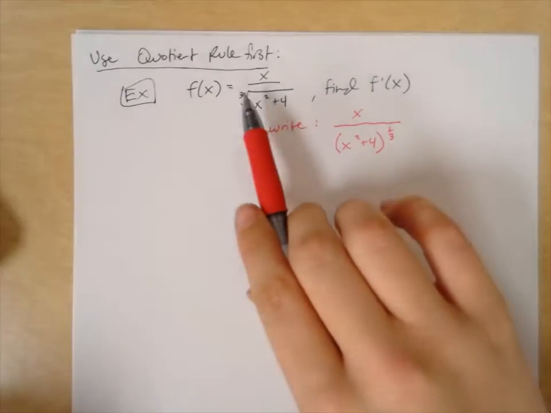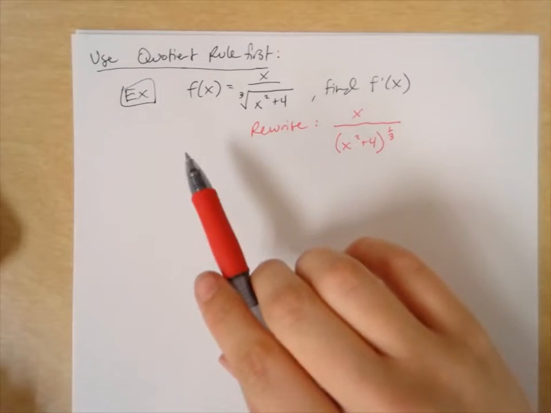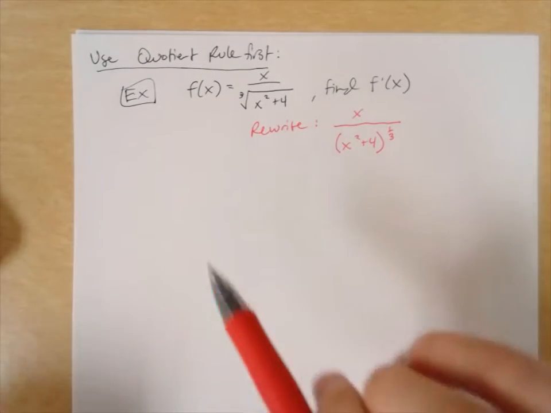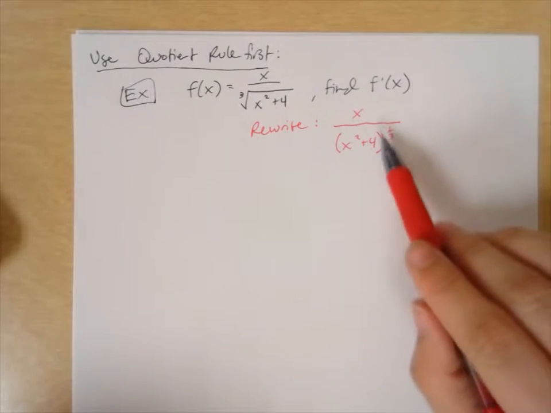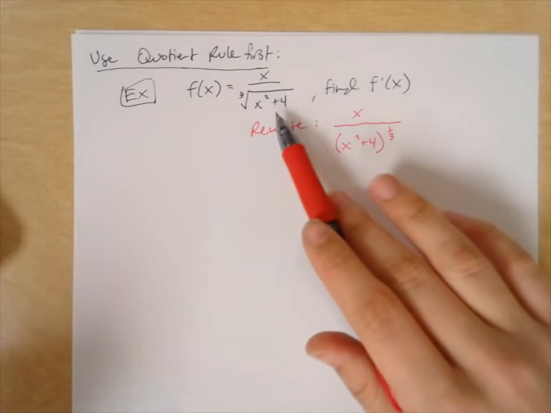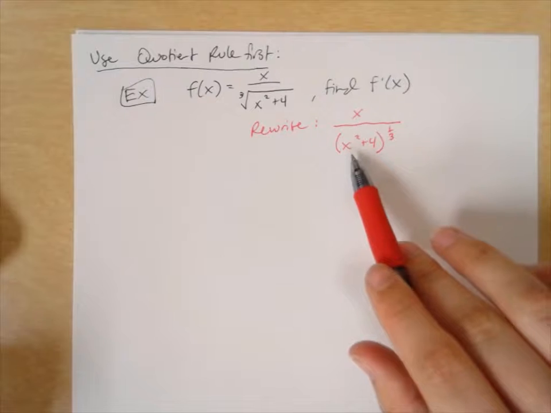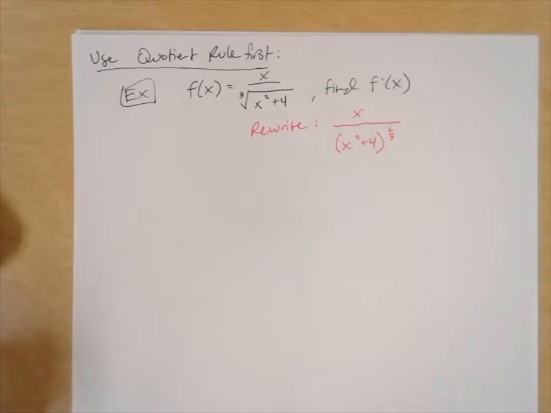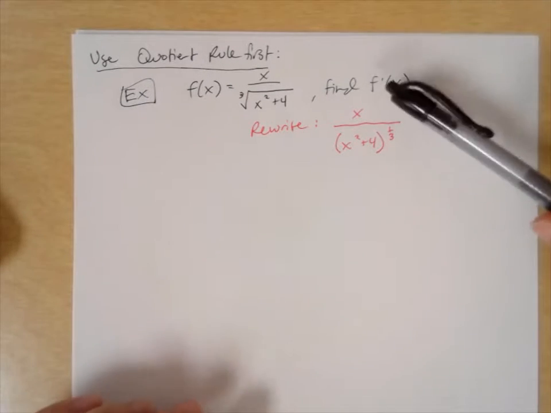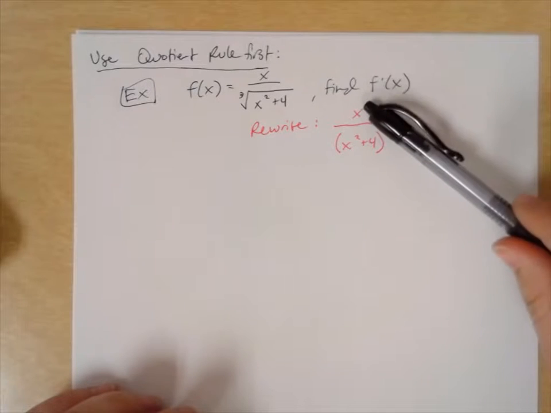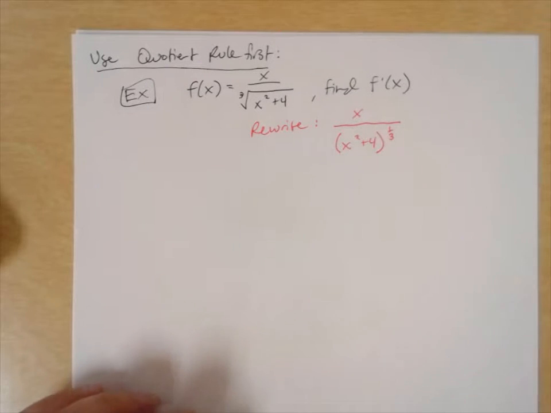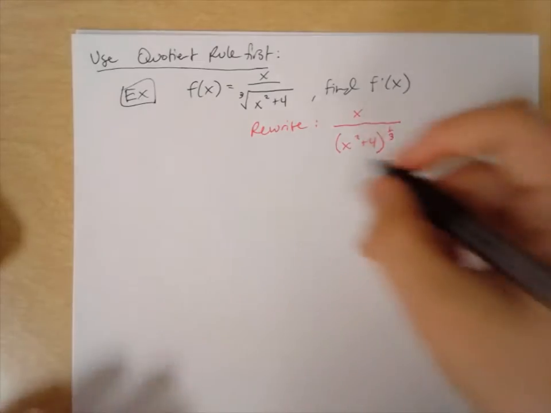Typically, if I have a radical, I'm not interested in keeping that a radical. It's hard to derive. What's easier to derive is a power, an exponent. So whenever you have a radical, it's always a good idea to rewrite that as an exponent. Now, what I can see is clearly going on is this thing divided by this thing. So I'm going to use my quotient rule.